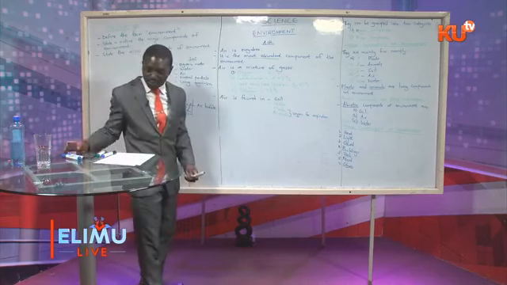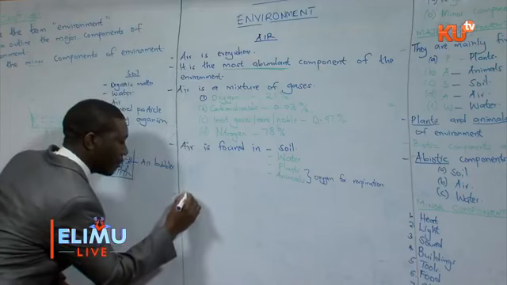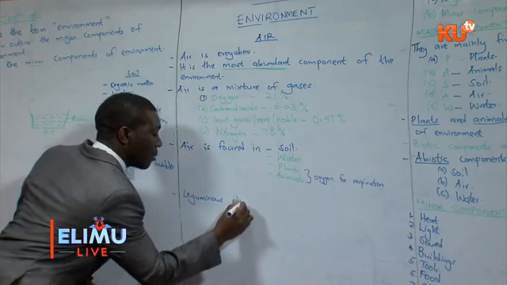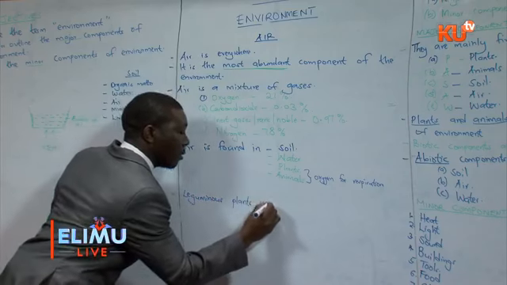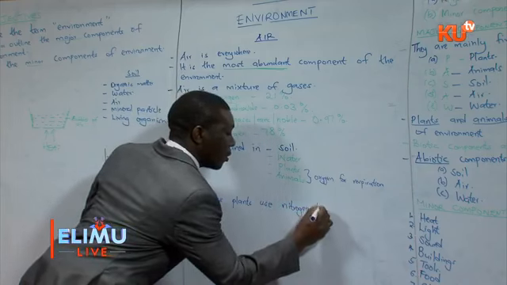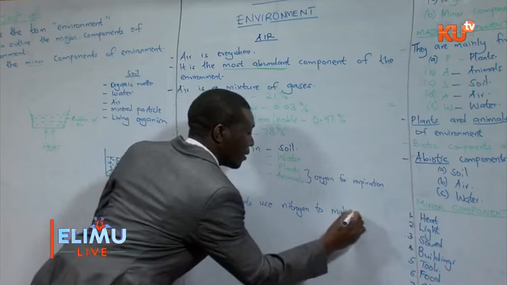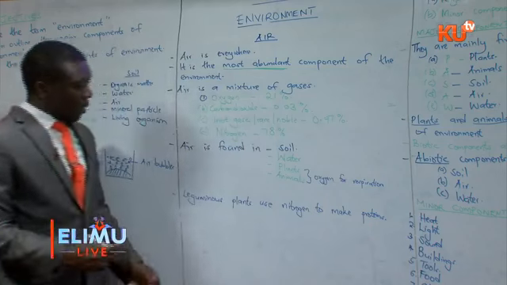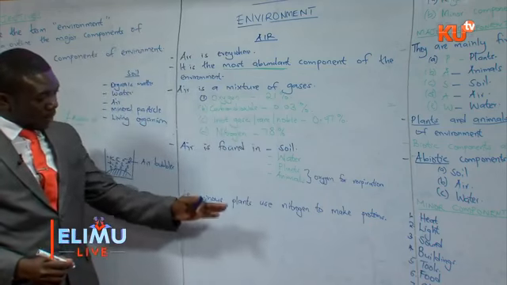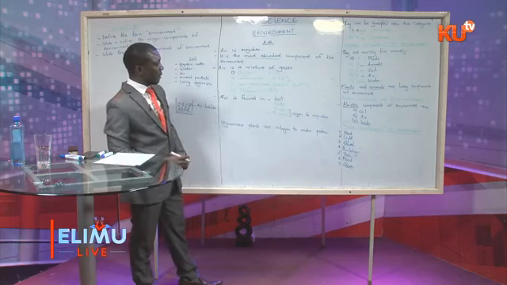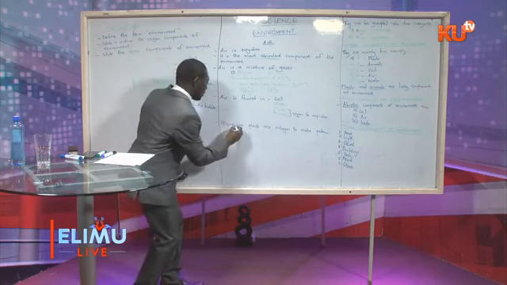Leguminous plants, they use nitrogen to make proteins. Nitrogen occupies 78%. This 78%, it is mainly used by these leguminous plants.